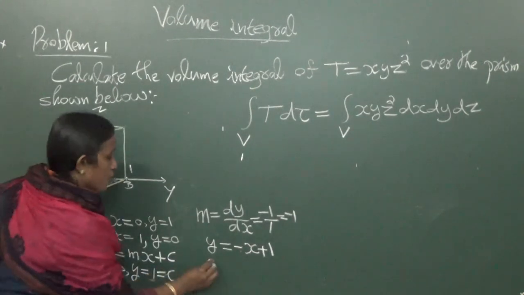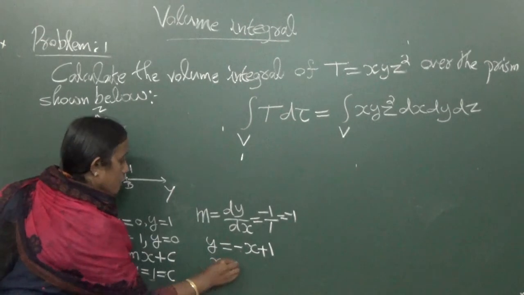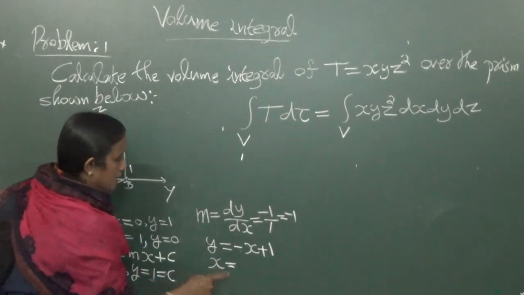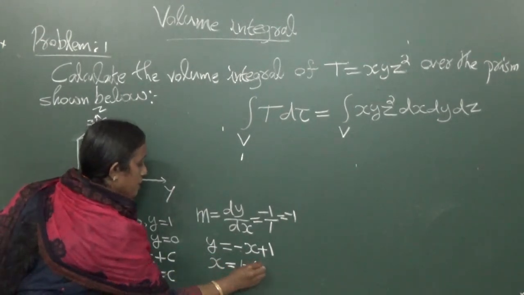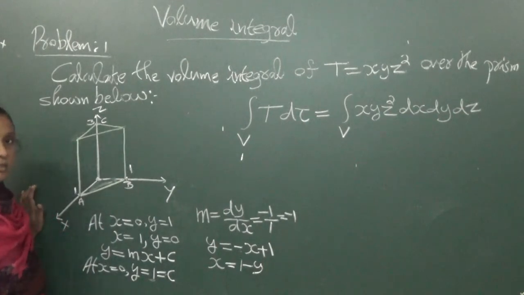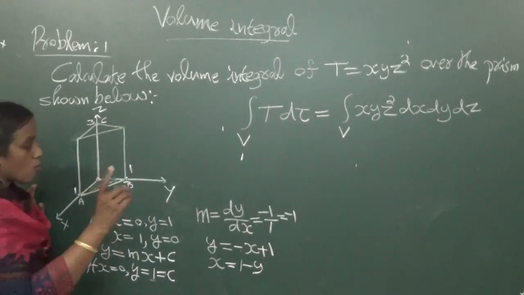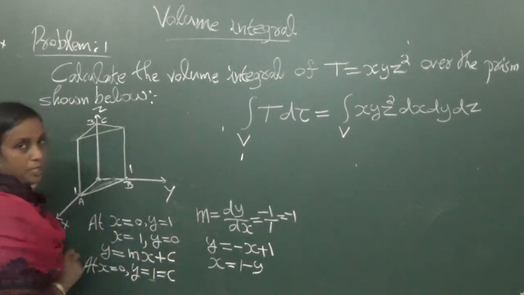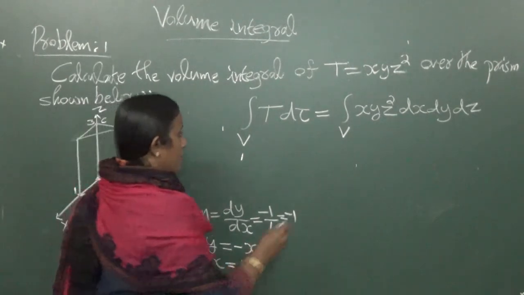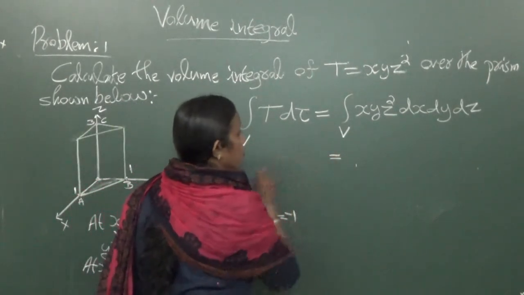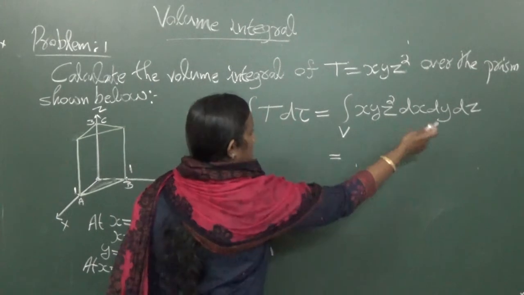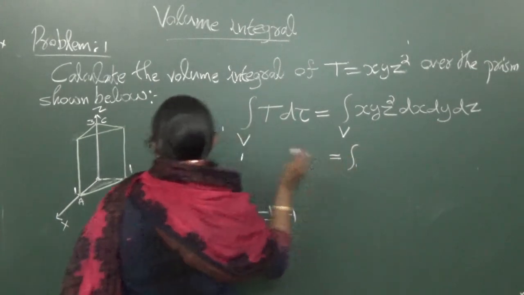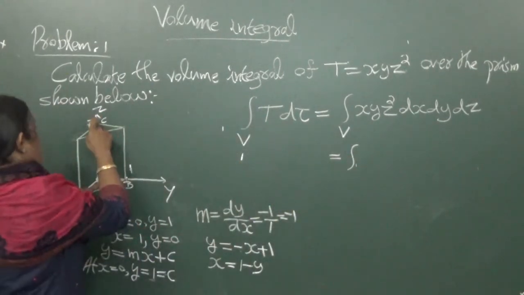Okay, if you apply x integration, you can write this as x equal to 1 minus y. Now we can put the limits. First we can write this z integral. Z integration runs from 0 to 3.